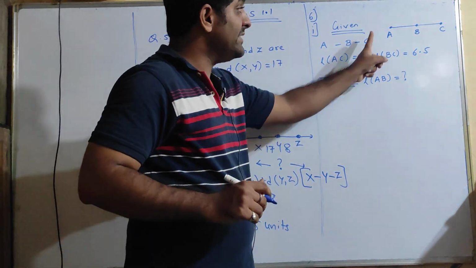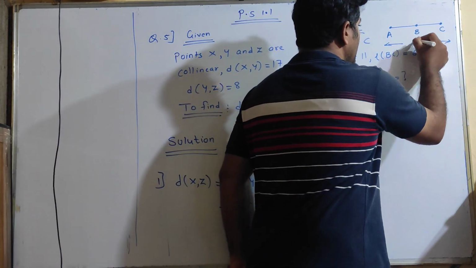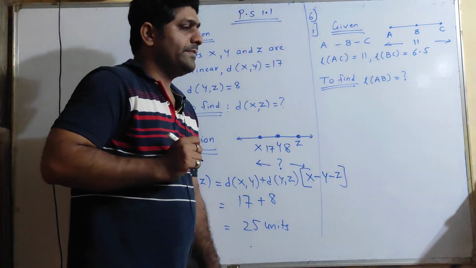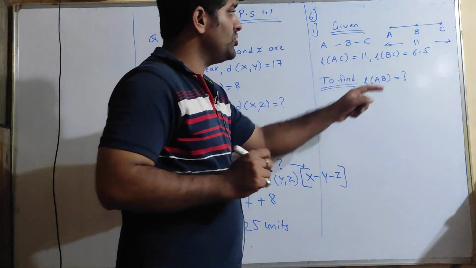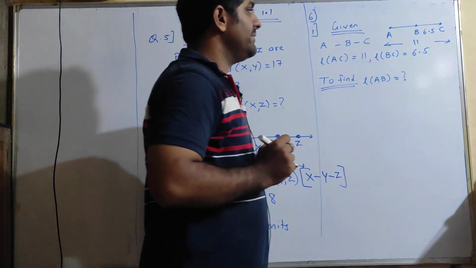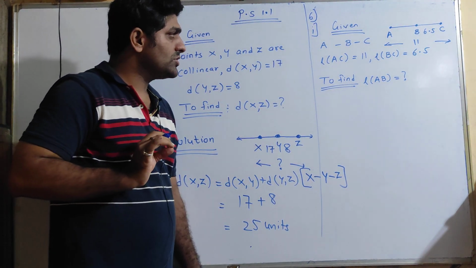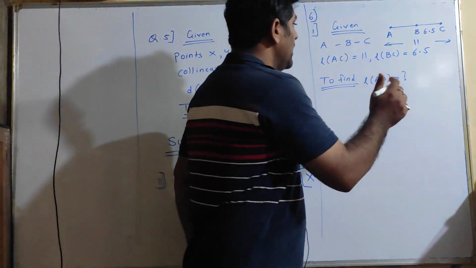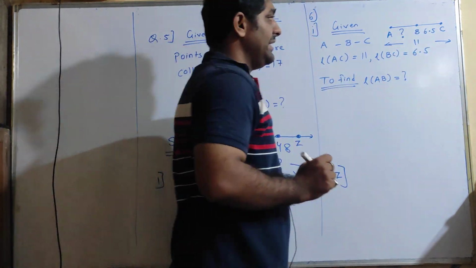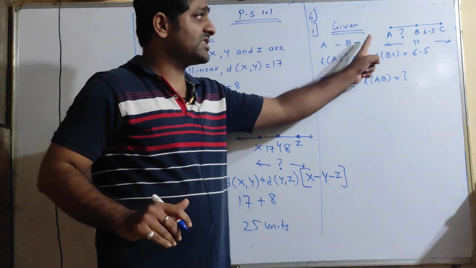Length of AC. So this full AC is 11, correct? Then they have given you BC. BC means this part, 6.5, correct? Any problem students over here? Similarly, now we are supposed to find AB according to the question.